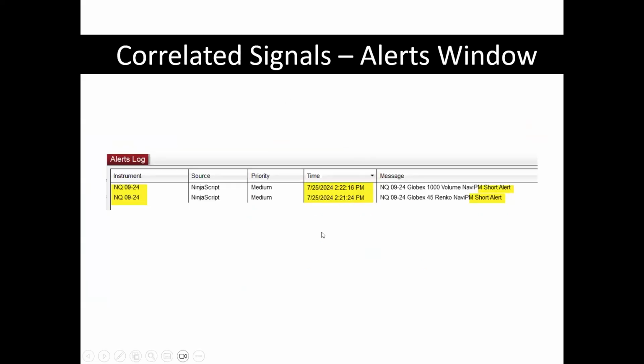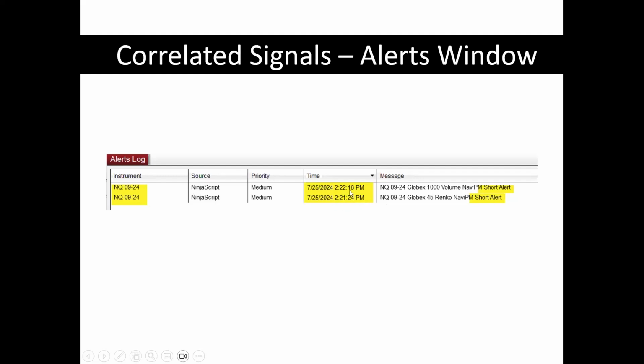We also have an alerts window. This is actually an alert from this afternoon. This is the NASDAQ where we had sell signals on both the Renko chart and the volume chart. You can see we do time and date stamp these signals. Here we had a sell signal at 2:22 and 16 seconds, and a sell signal at 2:21 and 24 seconds.